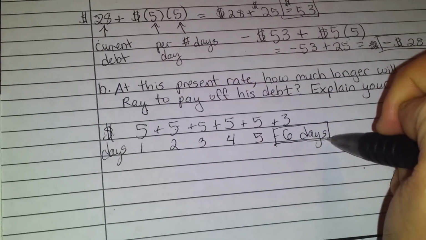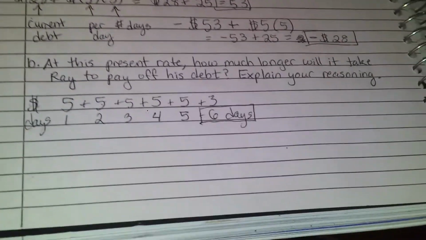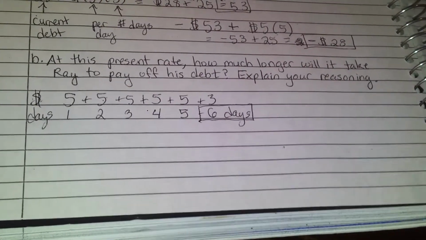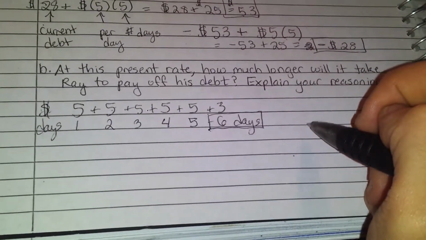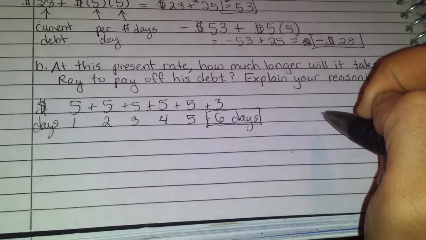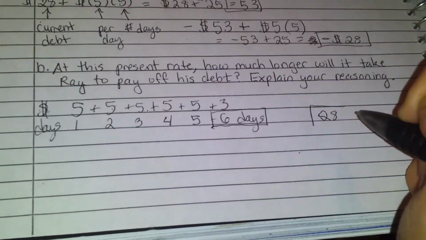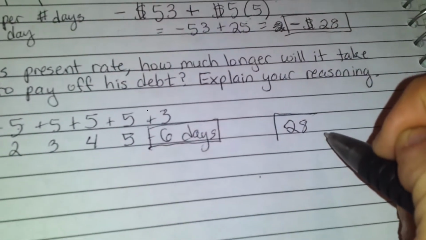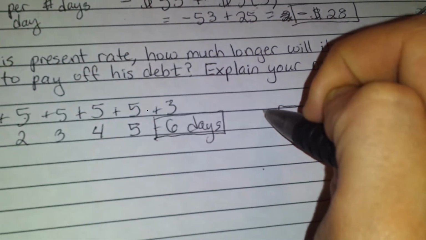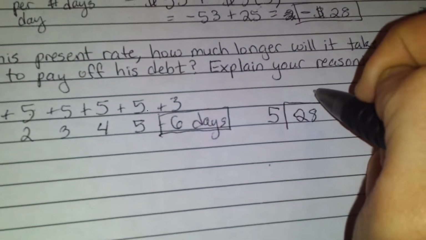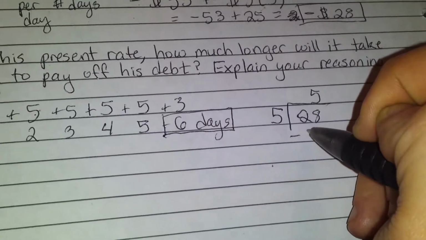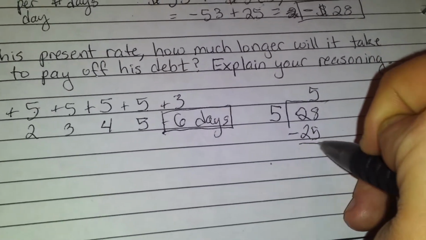You could also do this using a number sentence. One way we could do that would be to say that he owes $28 and he's basically paying it back in increments of 5. So if we divide by 5, we actually get 5 with a remainder of 3.